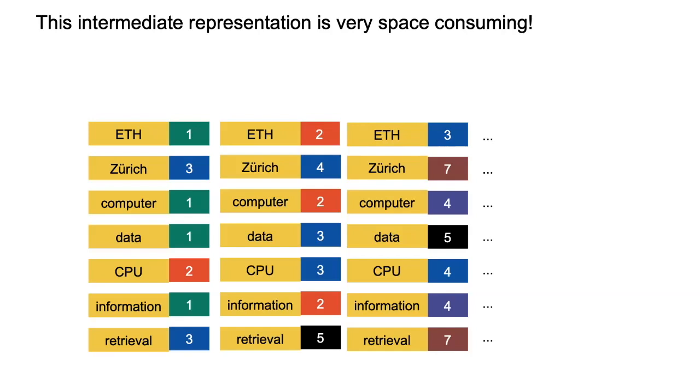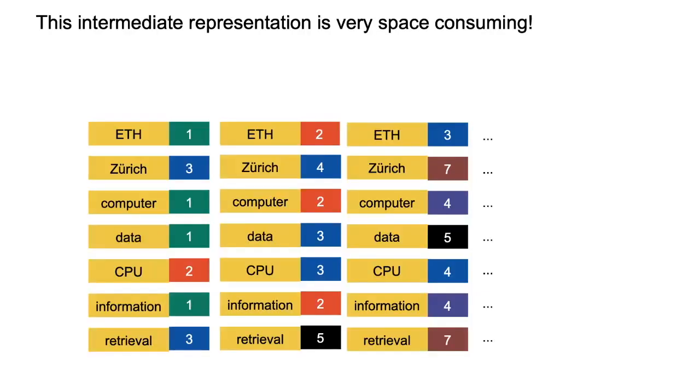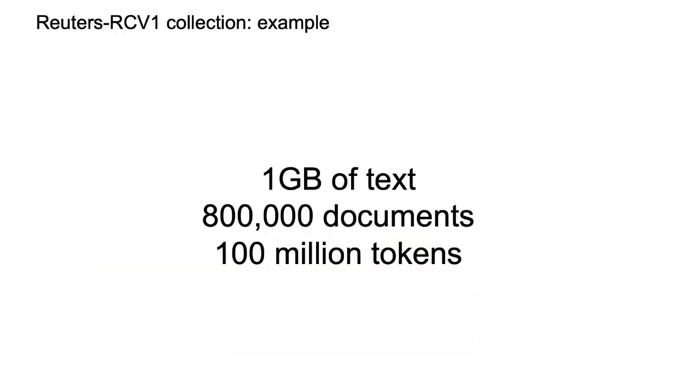So the idea is that this is a waste of space, because you're just repeating CPU, CPU, CPU, information, information, information. So this is not very convenient, and that's going to be filling the memory quite rapidly, right? If you actually really have these explicit term-document pairs, you can do a few computations, and in fact, it's done in the book that we are using, where they took 1 gigabyte of text, 800,000 documents.